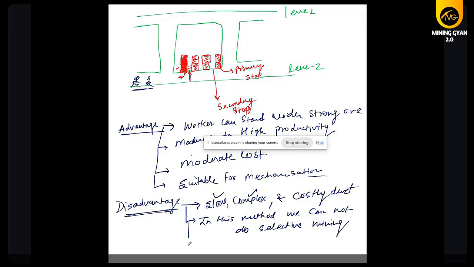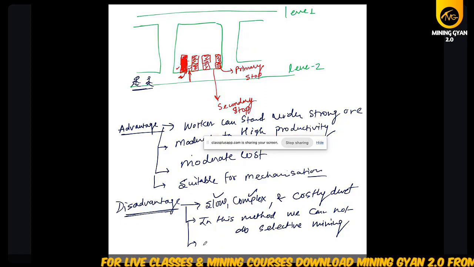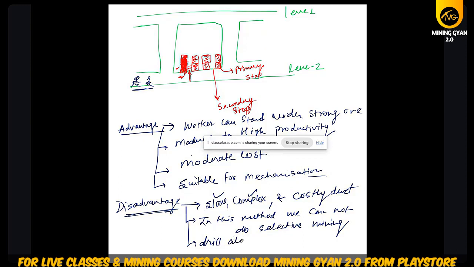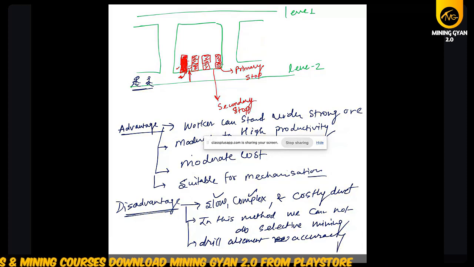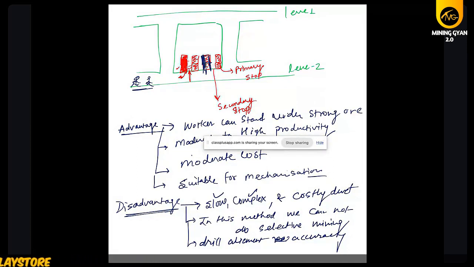So you should know which type of method we are using for selective mining and which method we cannot use for selective mining. Also in this method, drill alignment and accuracy are required. Why? Because suppose you are drilling this one, then you are drilling on top one, so the accuracy should be there, so you go on a straight line. Okay, these are the disadvantages.